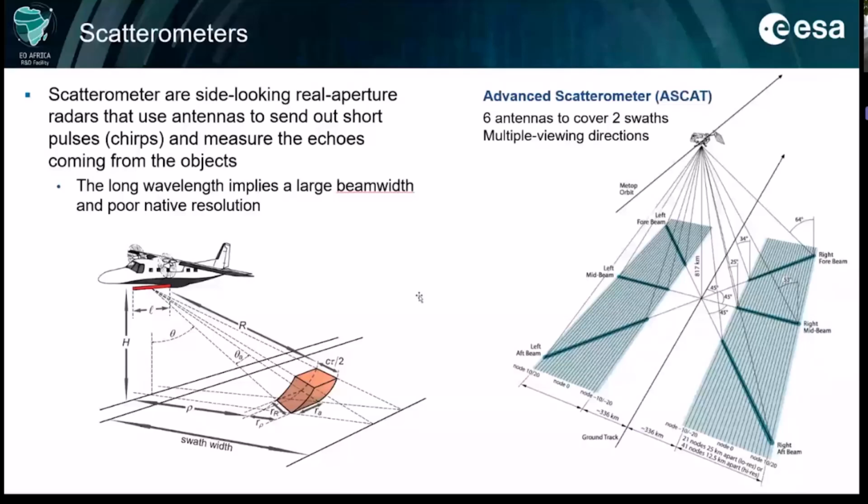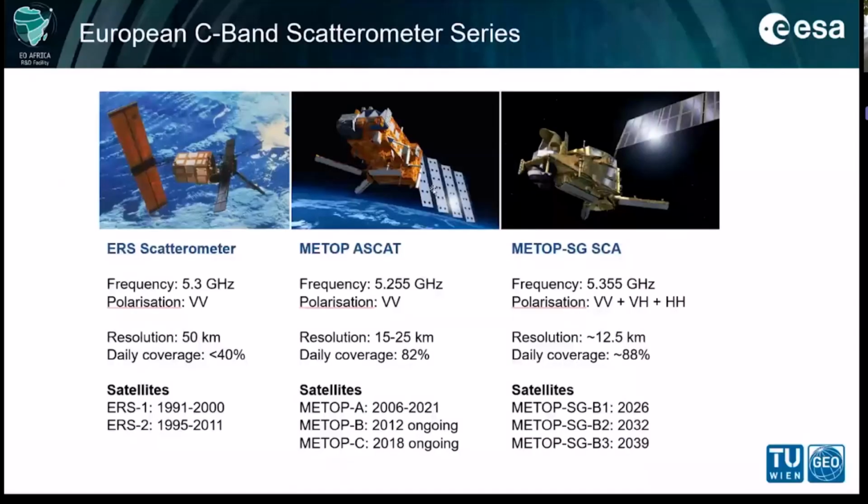Now, the Advanced Scatterometer is basically only part of a longer-term time series that we now have from European C-band scatterometers. So we started the series with the ERS-1 scatterometer, where ERS-1 was launched in 1991, and we have data until the year 2000.